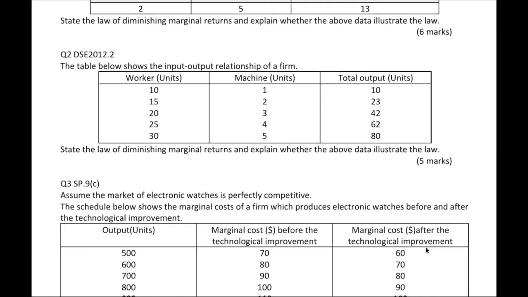Except the definition part, first I need... Oh wait, I need to find the marginal output. Yeah, that is the step, but that is not the first step. If you find the marginal output, then you will have one question. You will find it quite confusing. What's the marginal output of the first one?